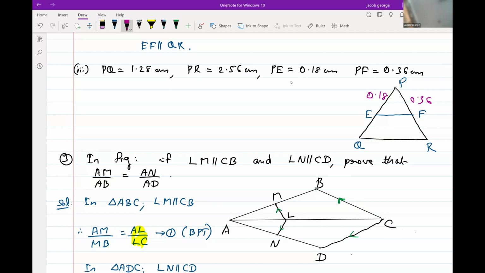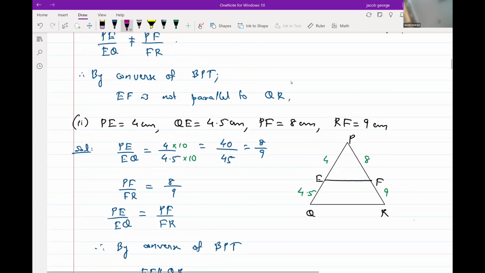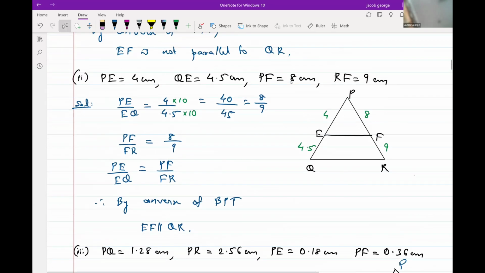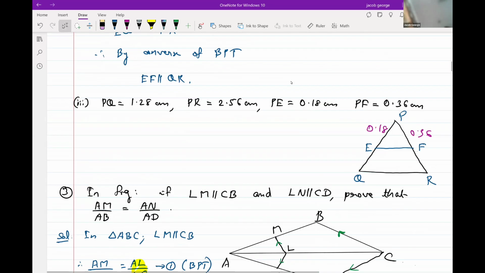Yes or no? So how do you get EQ? It is given as triangle PQR in the question, right? E and F are points on the sides. You are correct. So we have to minus it. So EQ is equal to, that is the first step. What is EQ equal to, children? PQ minus PE, right?